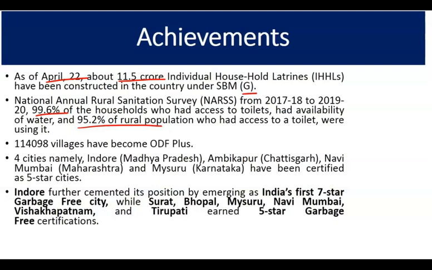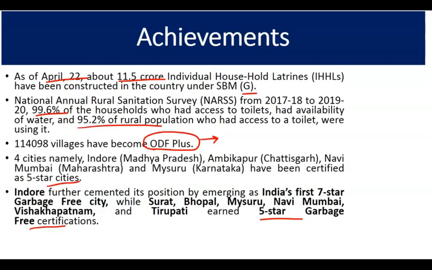Secondly, 1,14,000 villages have become ODF+. ODF+ means they are maintaining the status of open defecation free as well as managing solid and municipal waste. Next, in the urban areas, a few cities have been certified as 5-star cities and a few have earned 5-star garbage free certifications. So these are the achievements of the Swachh Bharat Abhiyan.